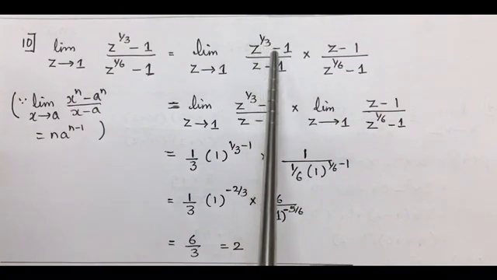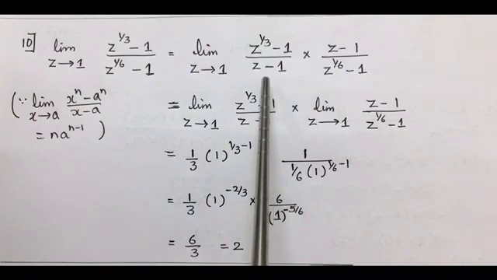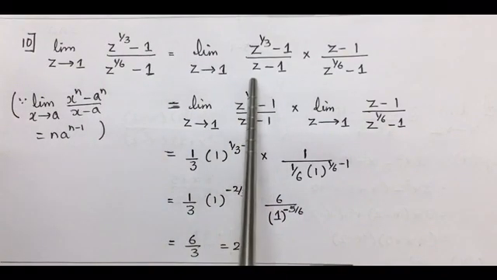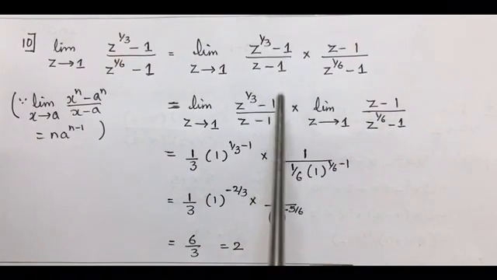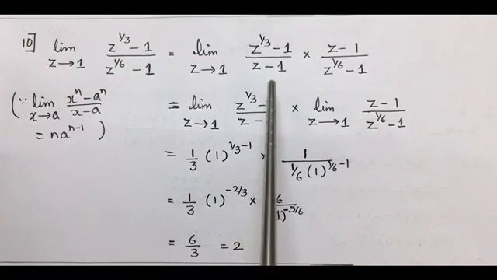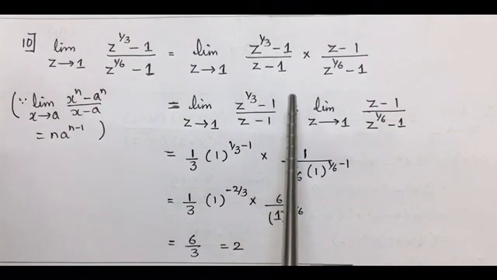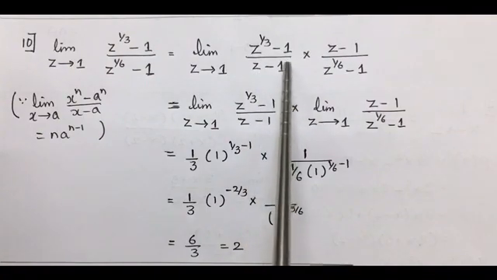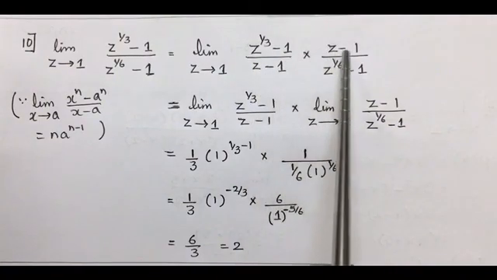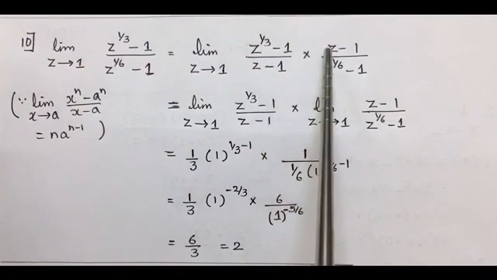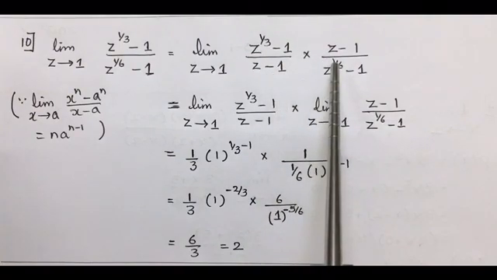Now z raised to 1 by 3 minus 1, to get this formula, z minus 1 is divided. Adjustment is being done. So z minus 1 is divided here. Now as z minus 1 is divided, we have to multiply it also so that it remains balanced.